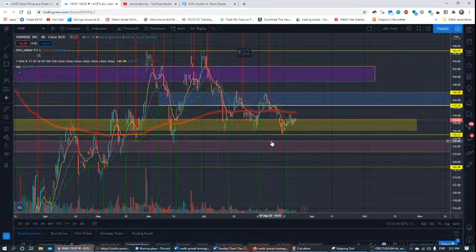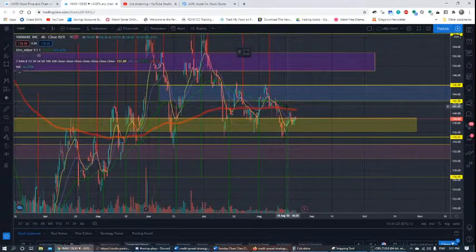So if I drew a trend line, and right now the EMA, so I think I said this before, but my EMAs are the 8, 20, 50, and 200. So the 8 is in yellow, the purple is the 20, green is 50, and red is 200.